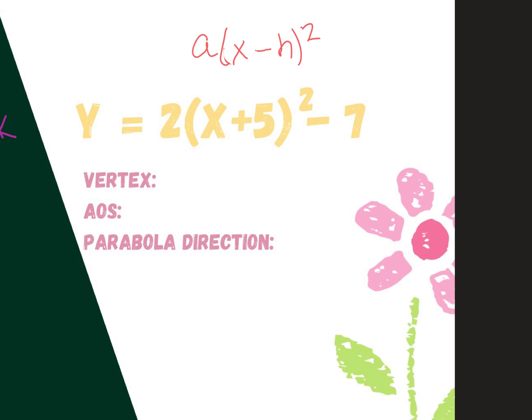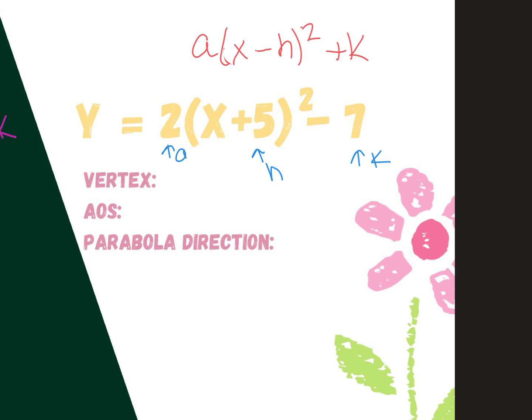And then our k value. So here, let's identify our players. You should have identified this as your a value, this as your h value, and this as your k value.